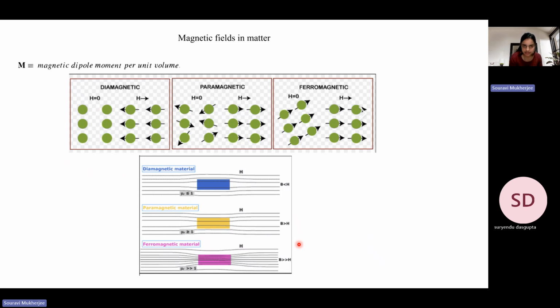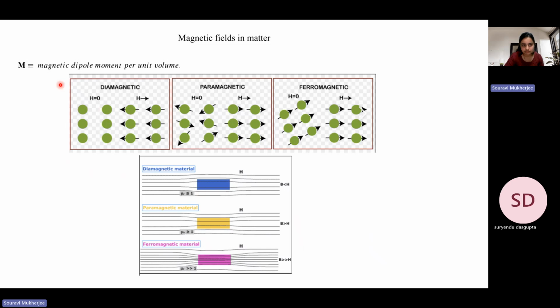Okay, so basically the medium can get magnetized in the presence of a field, or it can also have a net magnetization of its own. Based on all this, you can define the medium as diamagnetic, paramagnetic, or ferromagnetic.